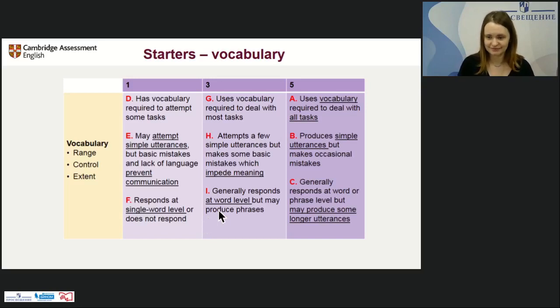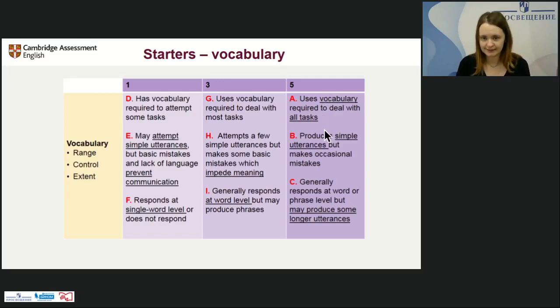So don't discourage your students by saying that if they just give a one-word answer, they will fail. No, they won't. There's a difference between 1 and 5, you can see. So 1 point is given only for an attempt, but 5 points is when it's a competent user, as proficient as a user can be at starters level, and the vocab is appropriate for all tasks.